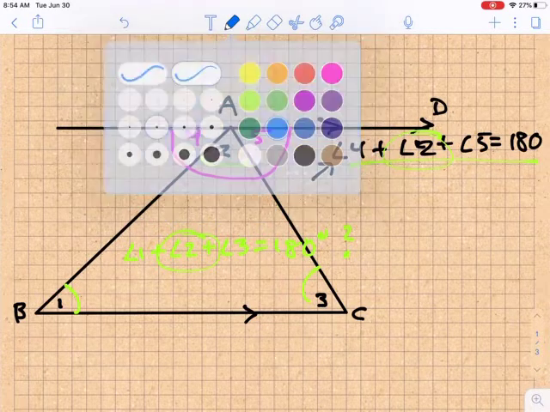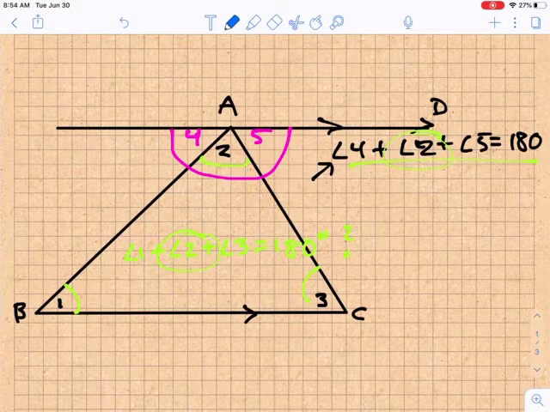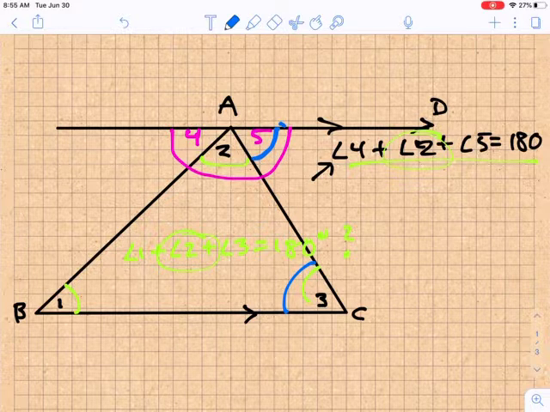Let's go back and look at our theorems, or what we know. If you look at angle 5, it is an alternate interior angle with angle 3.